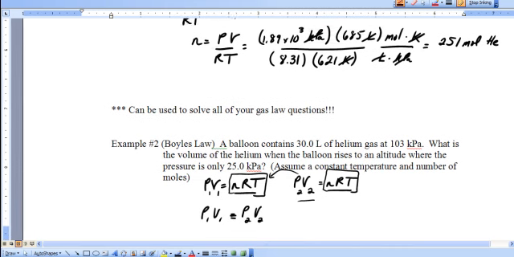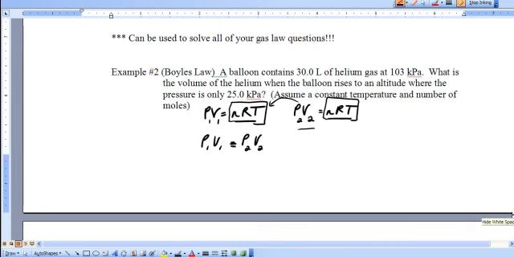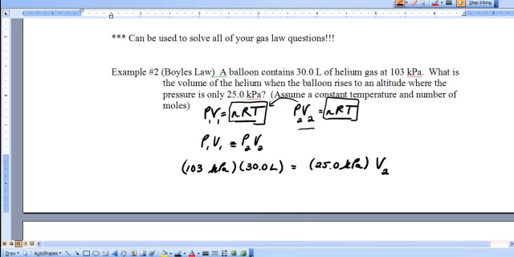And now we can plug in our values and solve. So our original pressure is 103 kilopascals. Our original volume is 30 liters. Our final pressure is 25.0 kilopascals. And our final volume is unknown, V2. And so now we can simply divide both sides by 25.0 kilopascals. This entire term divides out both the number and the unit.